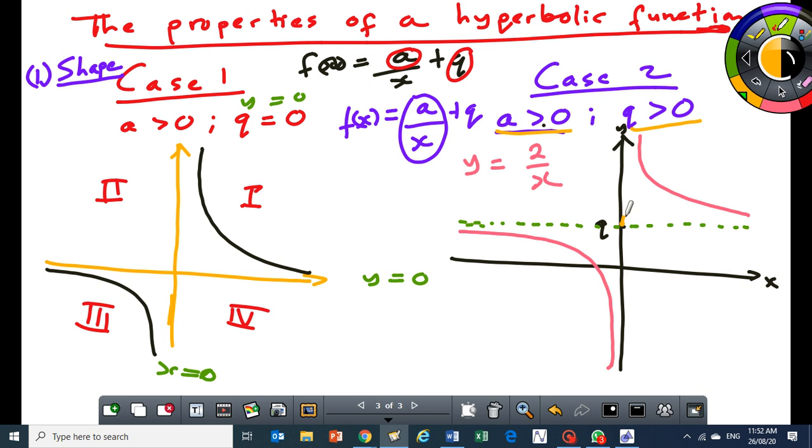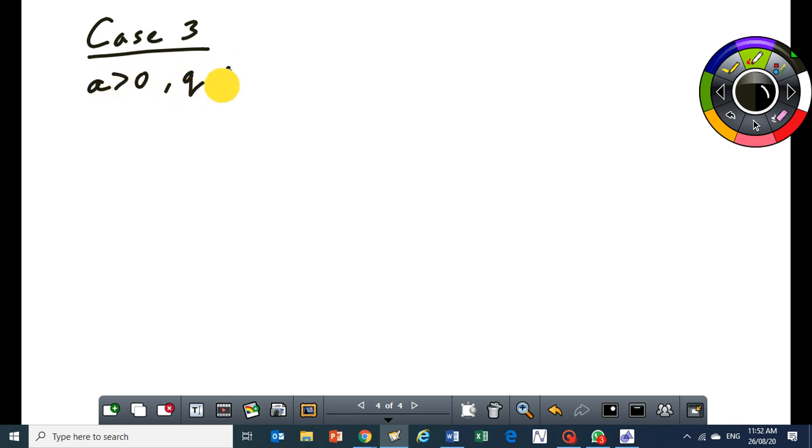Now, case 3, we are going to keep the a positive, but we'll make the Q negative. So for case 3, the a is still positive, the Q is now negative. Okay?